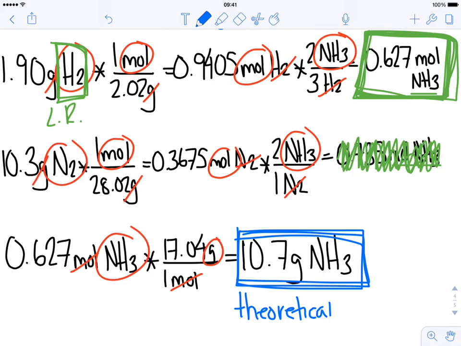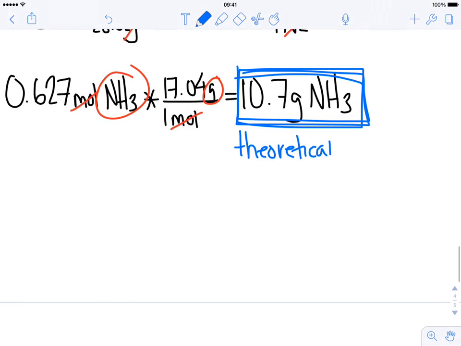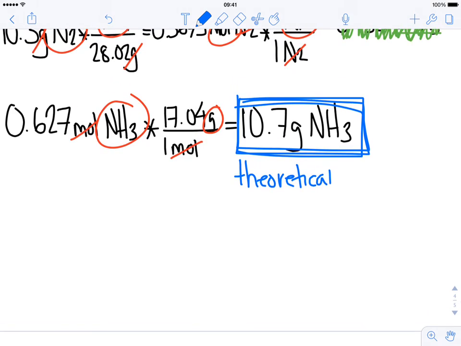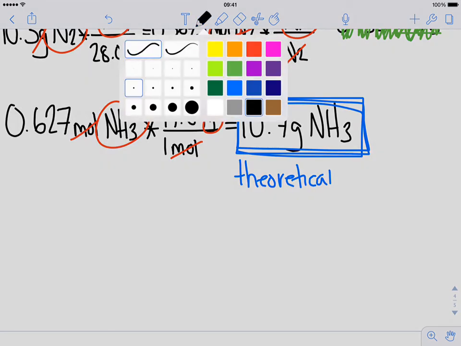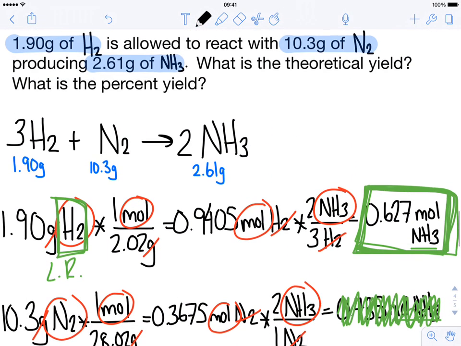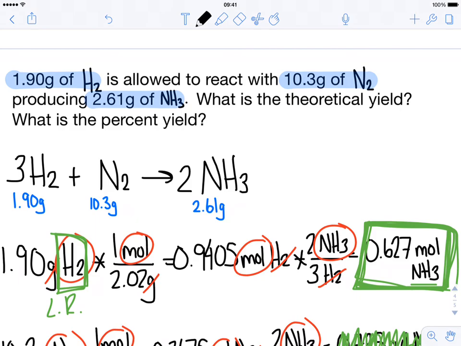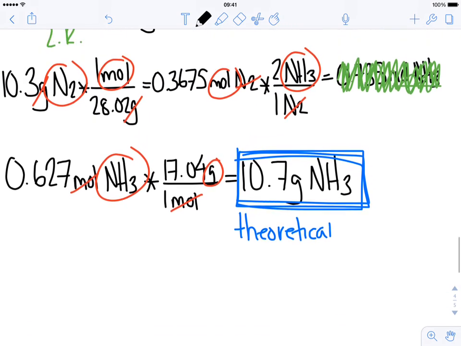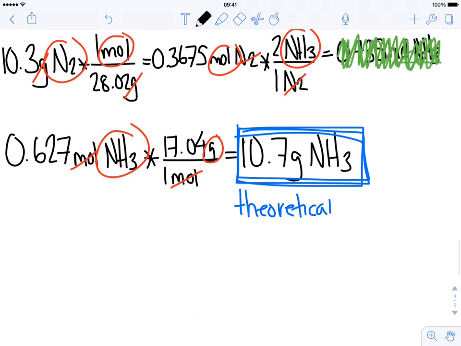based upon the amount of moles that can be produced from our limiting reactant. So if you remember, the formula for percent yield is actual yield divided by theoretical. The actual yield is what we're given in the problem. So we're told that this many grams is what was actually produced. And here we have how many grams should theoretically be produced if this reaction went perfectly.